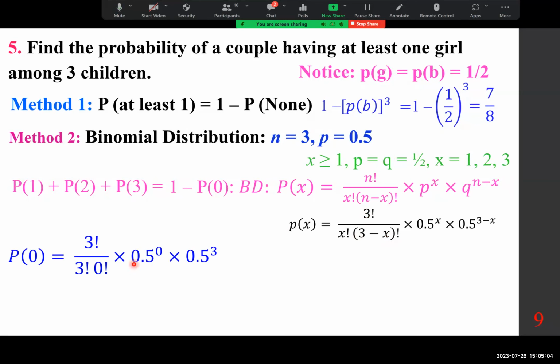we calculate the probability of 0. According to this formula, you replace the x with 0. So if you do that, this is what you get. I hope you realize that this is 1, the ratio is 1, any number to the power of 0 is 1, so it's 0.5 to the power of 3, or 1/2 to the power of 3, or 1/8.